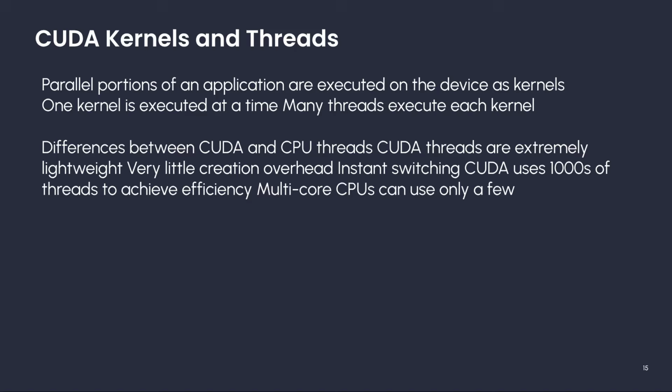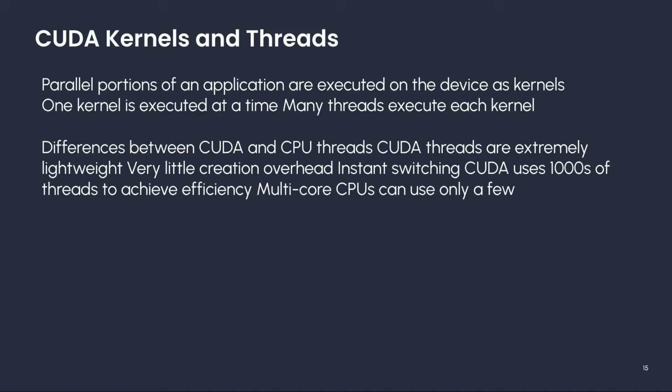So I am pointing this out again and again. Parallel portion of the application are executed on the device, that is GPU, as kernels. One kernel is executed at a time. Many threads execute each kernel. At a time, एक kernel multiple threads वर execute होतो.